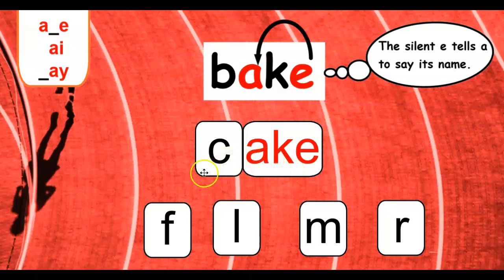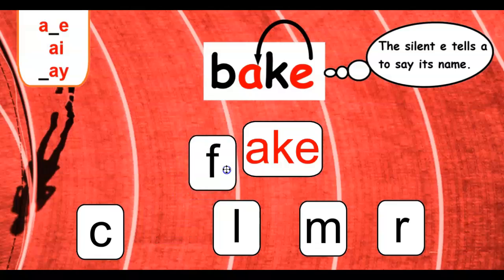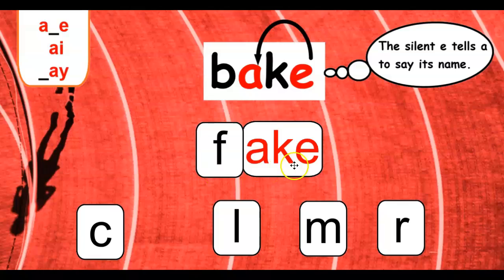Cake. We would hear the word cake. Now if I were to take that C away and now add an F, what sound does the F make? Let's put it together. Ache. Fake. The word is fake.